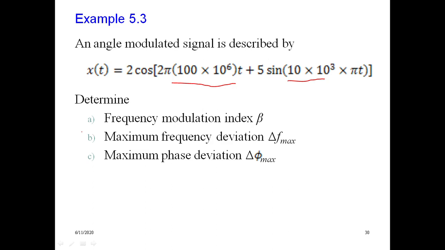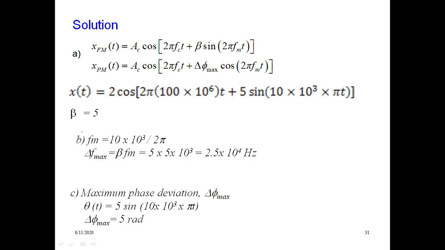We just compare this equation with the original equation. So we want to find beta first. Beta is here, so this is the value of beta. Beta is equivalent to 5. And then we want to know what FM is. So this is FM, but this is 2 pi FT, so you have to divide it by 2 pi.